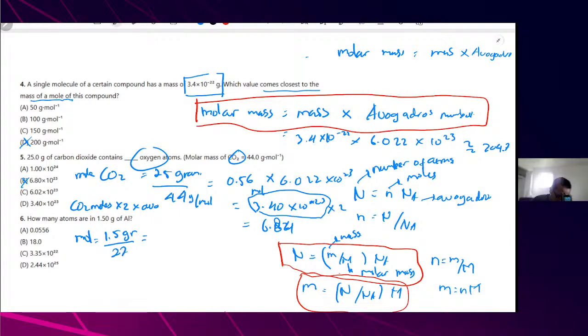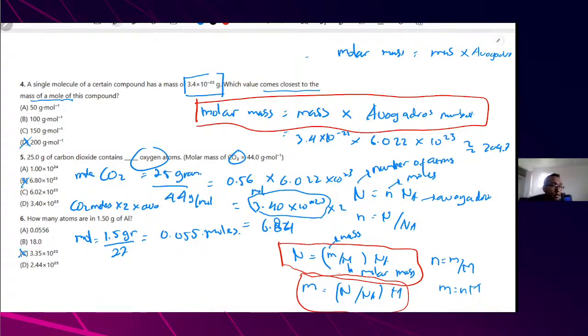So 1.5 divided by 27 will be 0.055. And then this one is small, remember, and then just times what? 6.022 times 10^23. Okay, so the answer is 3.3, blah blah blah. So C, the answer is C.